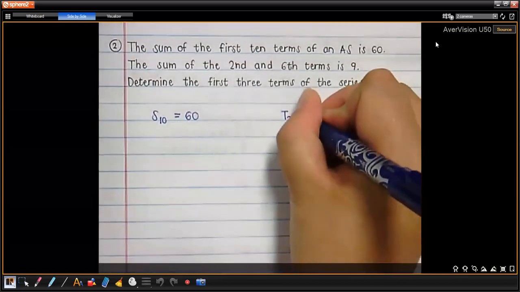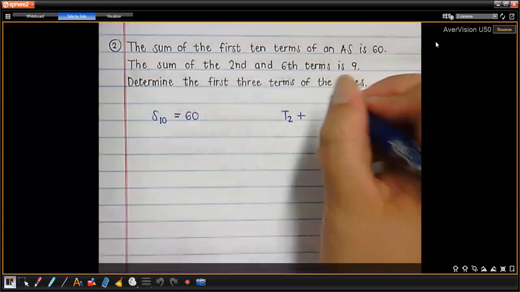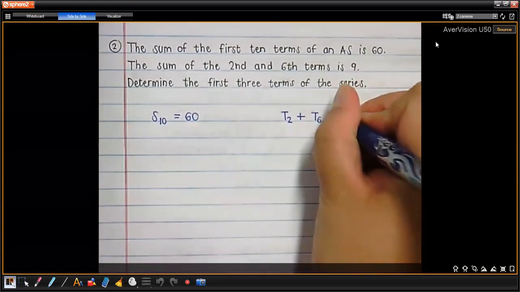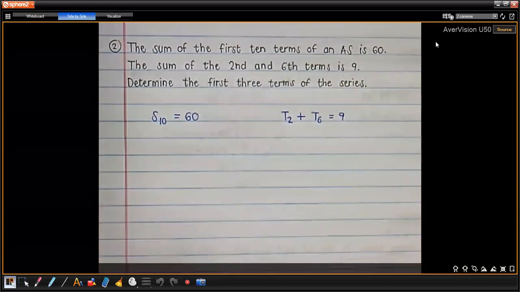We have to add them, yes. Term 2 plus term 6 is equal to 9.